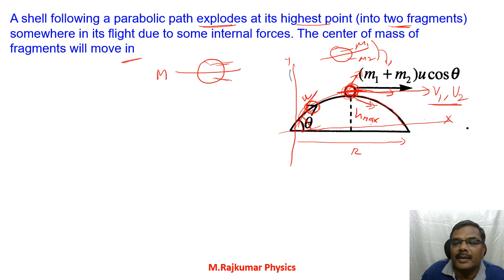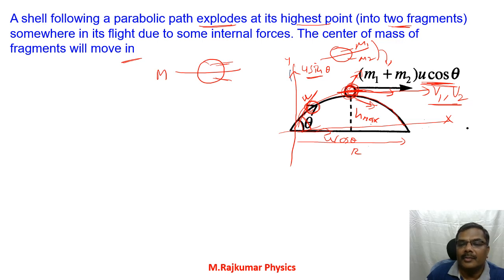They may be changing, but the initial velocity of both masses is u cos theta along the x-axis, where theta is this angle. The vertical component will be u sin theta, which will change according to the height. When the shell is moving up, it will slow down, and while it is coming down, its velocity will increase.